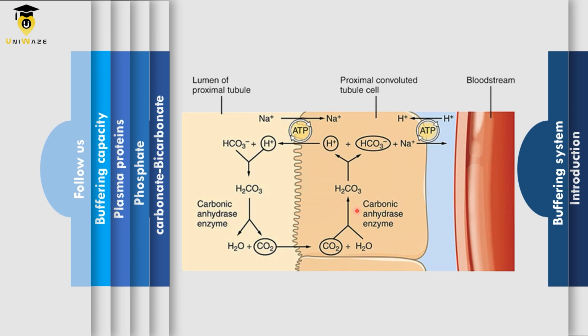The bicarbonate reabsorption in the proximal tubule of the kidney is mediated by hydrogen ion secretion, but the carbonic anhydrase located in the luminal membrane of the cell prevents carbonic acid from accumulating in the tubular fluid.